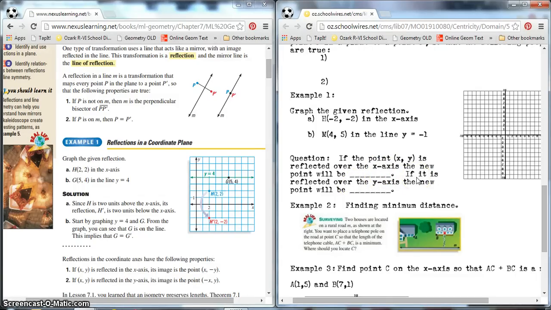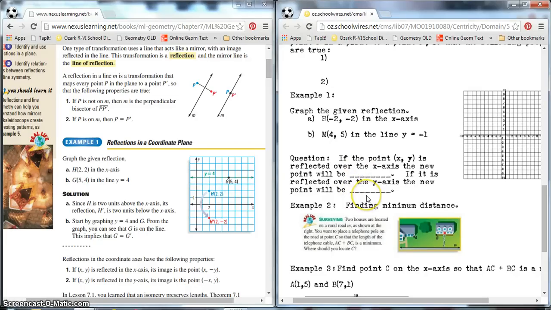Now, if we reflect it over the y-axis, so let's say our point is at -2, 2 right here, but we reflect it over the y-axis. Well, now the y stays the same, but the x changed to +2. So the ordered pair would look like negative x comma positive y, because the x flips and the y stays the same.